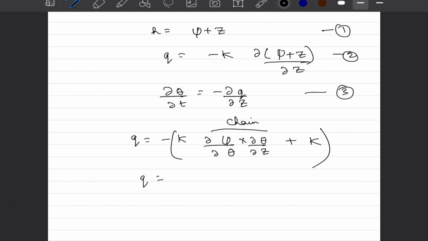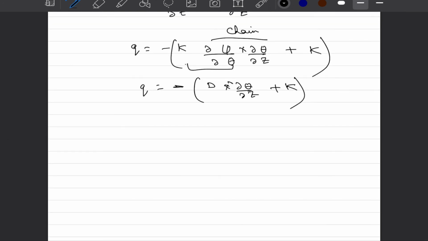We can write this term as another constant D into del theta upon del z, negative sign remaining outside, plus K, because the derivative of z with respect to z would be unity and the constant K is already present. Now if we take the derivative of Q with respect to z again, we end up with the expression minus del upon del z of D into del theta upon del z plus K.